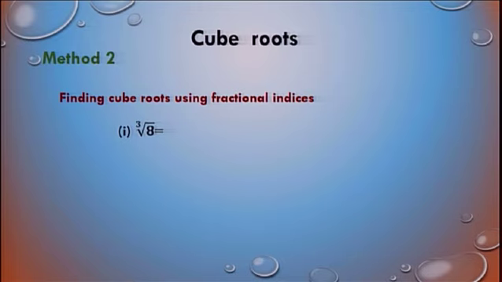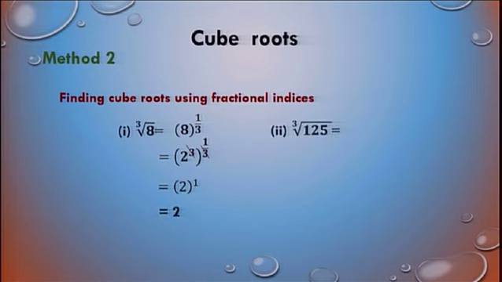We know that 8 is 2 times 2 times 2. But writing 8 in index form is 2 power 3. Cube root means power 1/3. So 8 power 1/3 is same as 2 power 3 power 1/3. Evaluating this number, the 3 will get cancelled. We're going to end up with 2 power 1 is equal to 2.